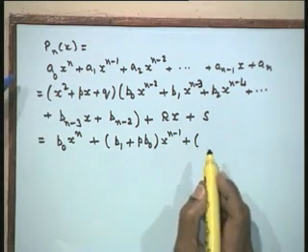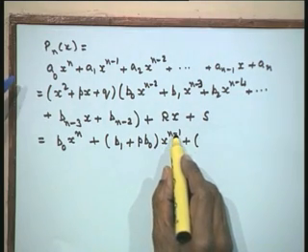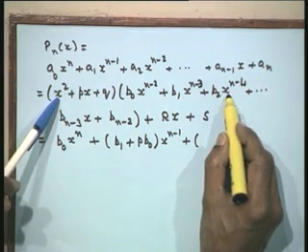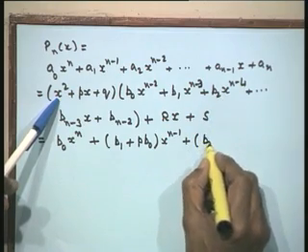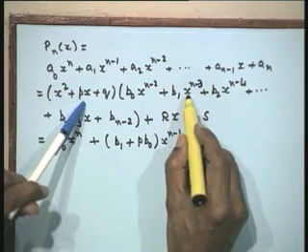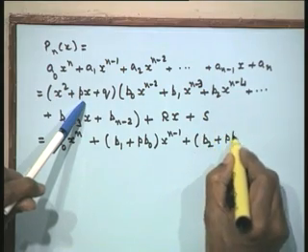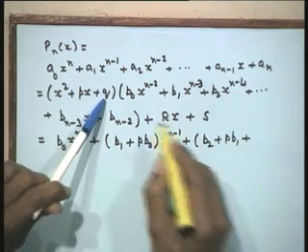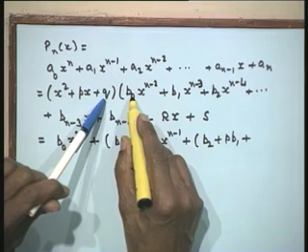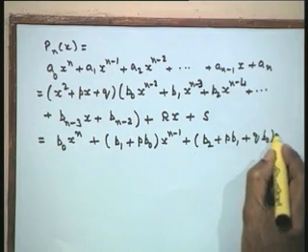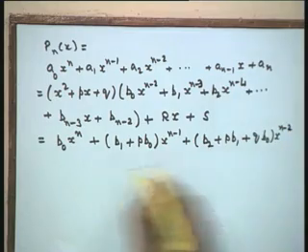Now I need the next coefficient, x to the power of n minus 2. So x squared will multiply this to give x to the power of n minus 2. So I will have b 2 here, then p x will multiply this to give me x to the power of n minus 2, that is p b 1, then q will multiply this to give me q b naught, x to the power of n minus 2.